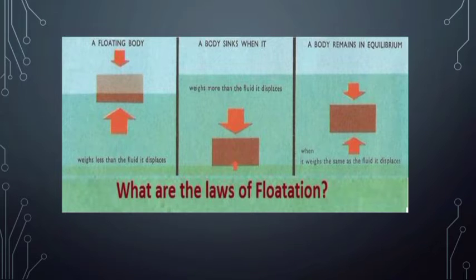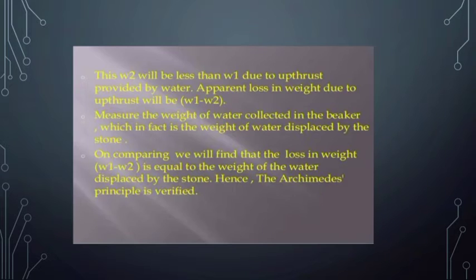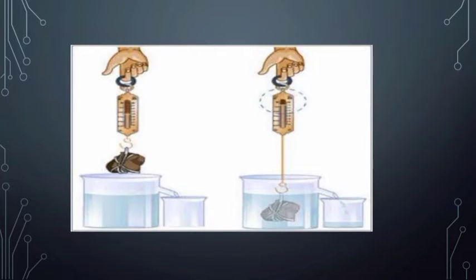Now students, we are in a position to prove Archimedes principle. The diagrams are given in the next slides. First, we will take an Eureka can and fill it up to the spout, and we will use one hook for the spring balance.